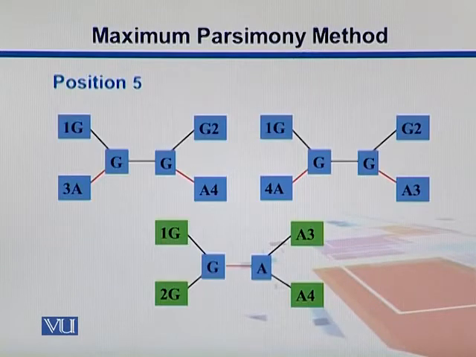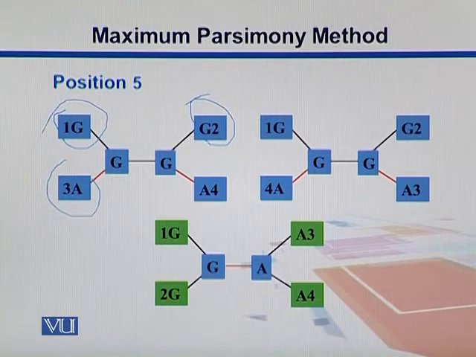Okay guys, so let's take position number 5, or column 5, and we make up these trees. Since we have 4 sequences or 4 leaves in these trees, we can have 3 different possible unrooted trees after we remove the duplicates. In the top left, we have the tree where we have G on sequence 1, G on sequence 2, A in the third, and A again in the fourth.